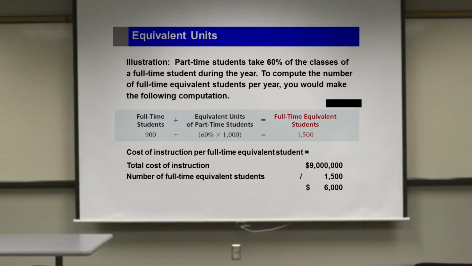To compute the cost per full-time equivalent student, you take 9 million and divide by 1,500 to get a cost of $6,000. So in this case, we converted the part-time students to full-time equivalents so that we can get the cost per student in terms of equivalent students.